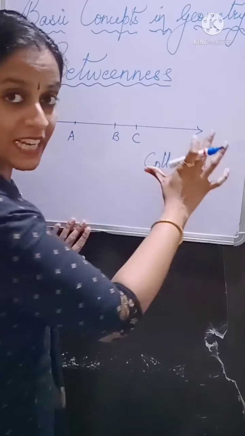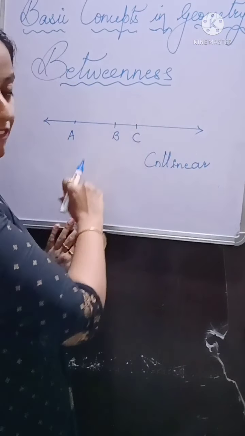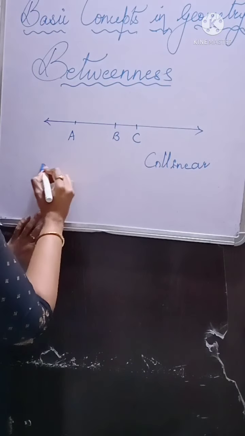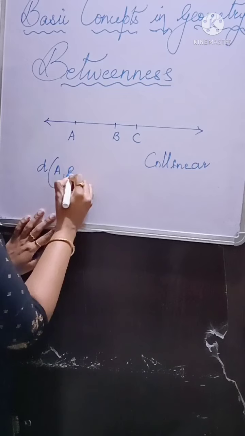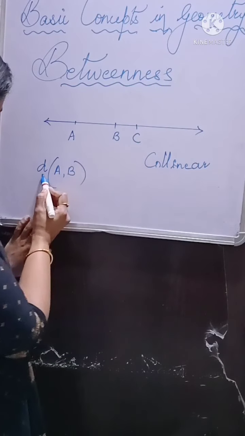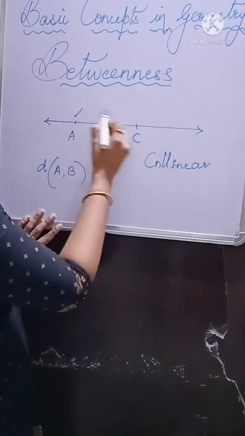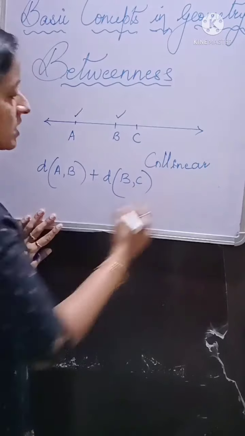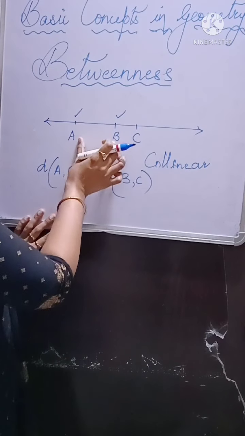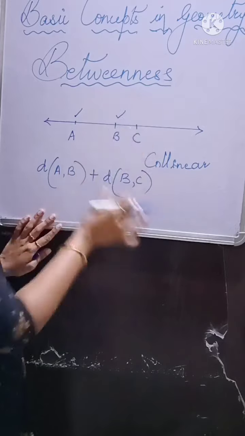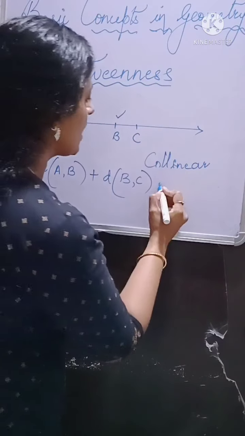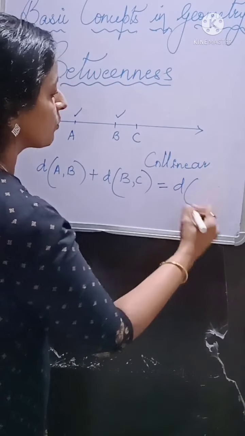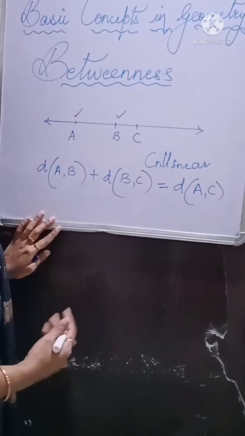If there are 3 collinear points given, then by looking at these points I can say that the distance between A comma B, plus the distance between B comma C, is equal to the distance between A comma C. Is it right?